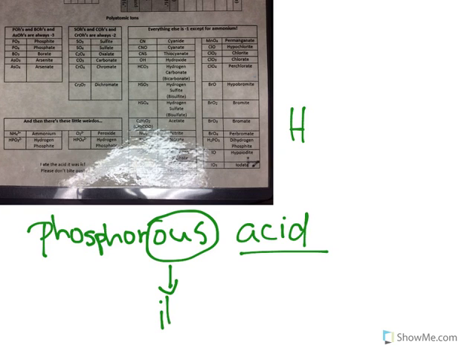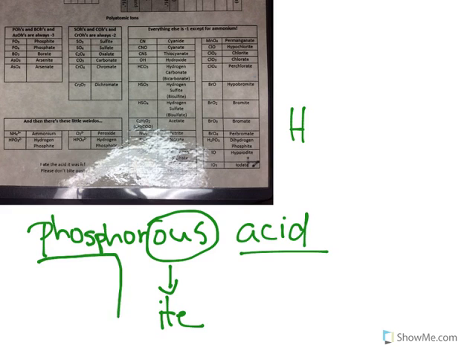Okay, let's say we have phosphorus acid. It's an acid, and acids start with H. We always start with H. This time our ending is an OUS ending, and OUS comes from an ITE polyatomic.